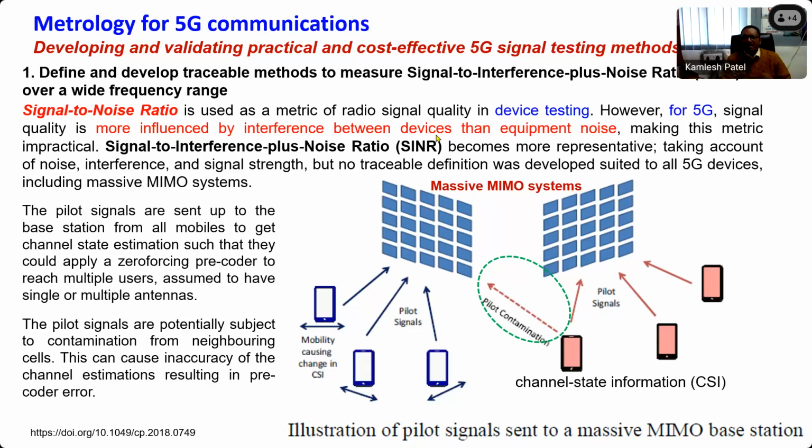So how is SINR affected? For this, in the figure you can see there are two possibilities. We have two different towers, representing massive MIMO systems. Each mobile is sending some signal to the massive MIMO base station.